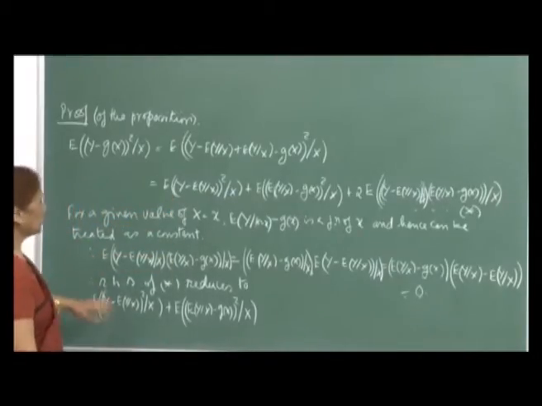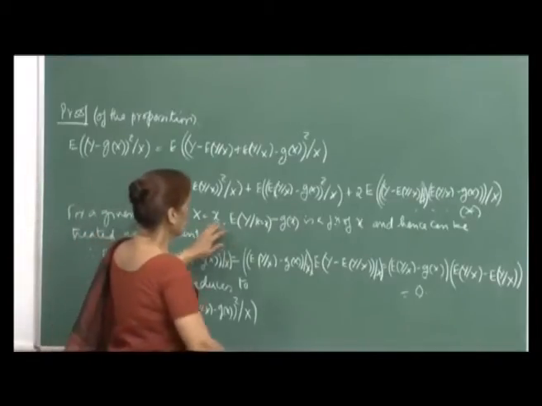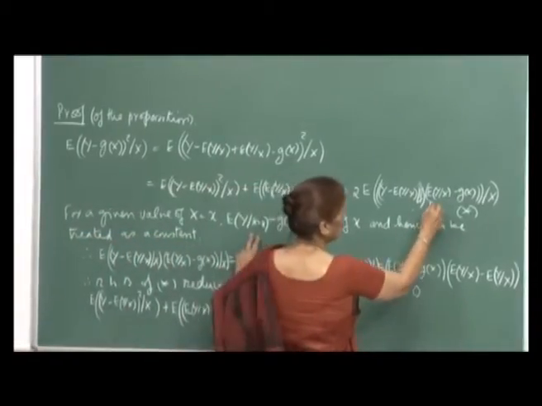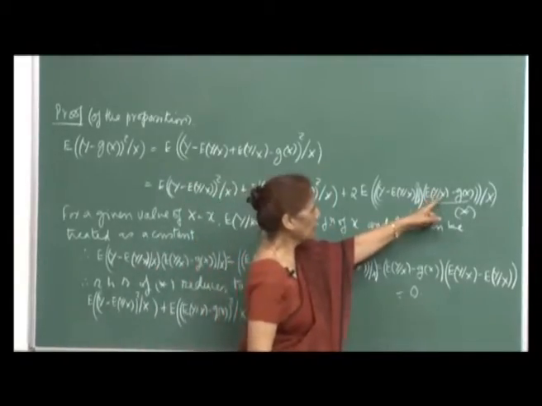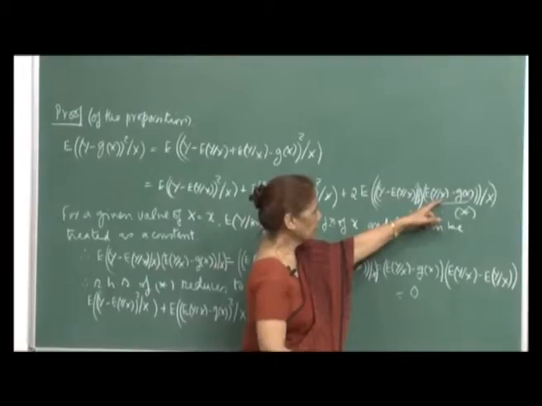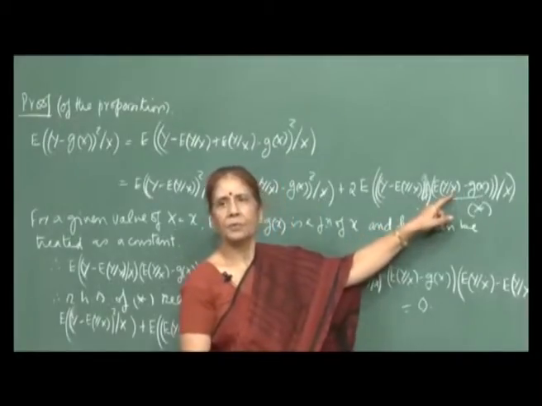Now, for a given value of x, E(y|x) will be a function of x. Remember, we have shown that the expectation of y conditioned on x, for every fixed value of x, is a function of x.